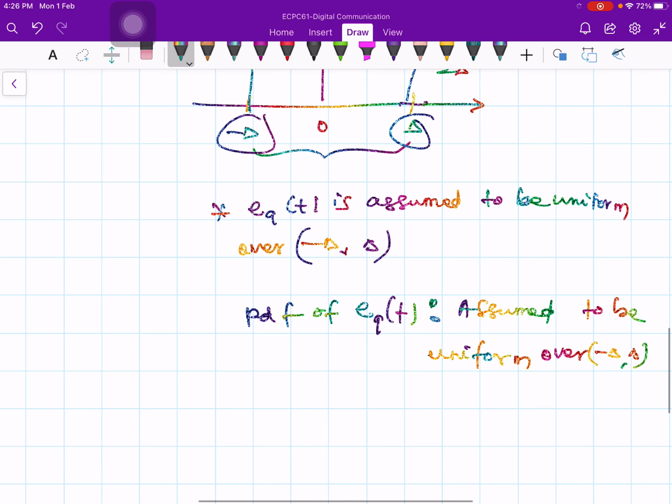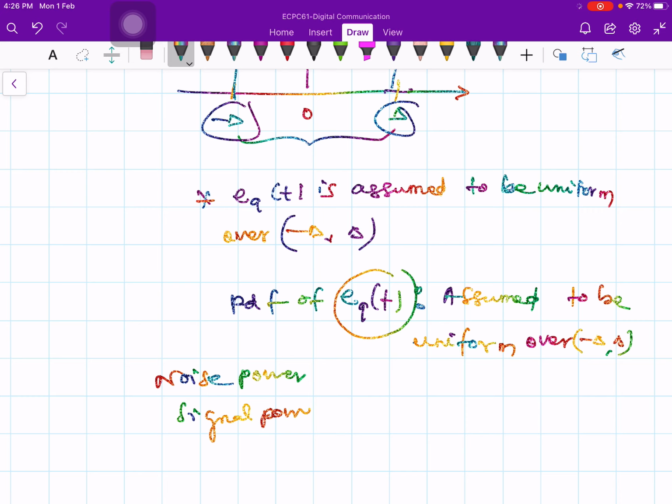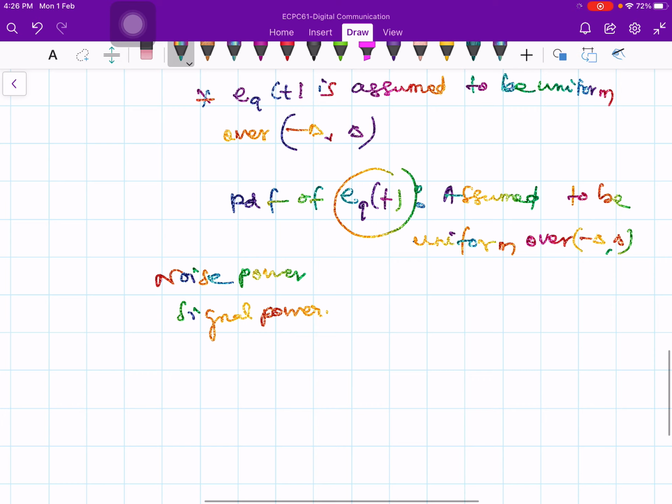Therefore, with this assumption, I can write the expected value of e_q squared of t, because our job is to find the noise power and signal power in order to find the signal to noise ratio of the delta modulator. Now let us find the noise power.